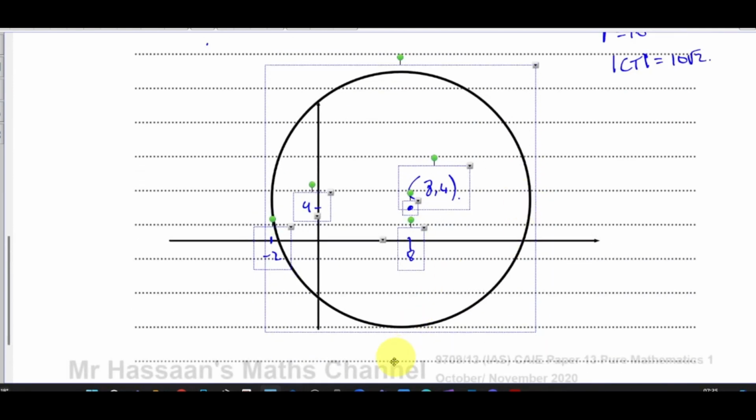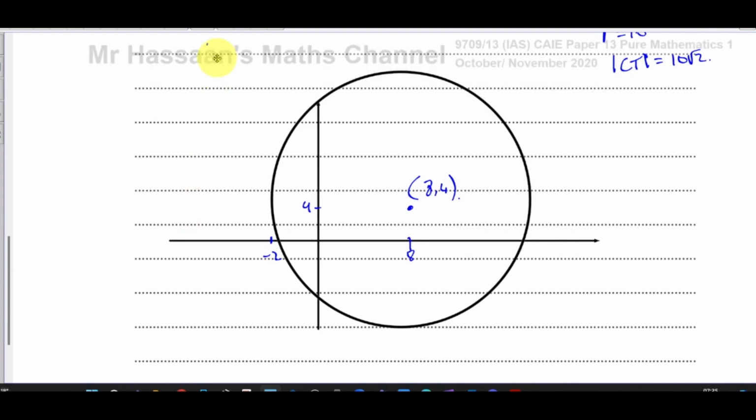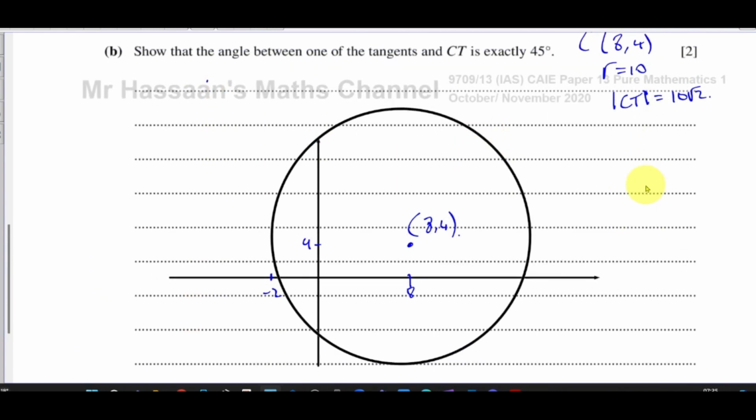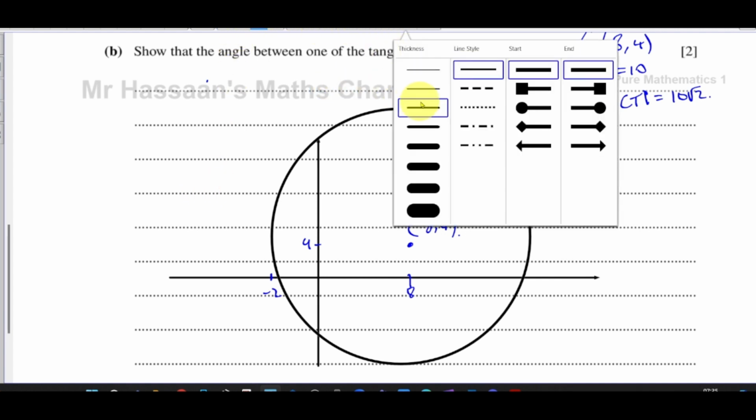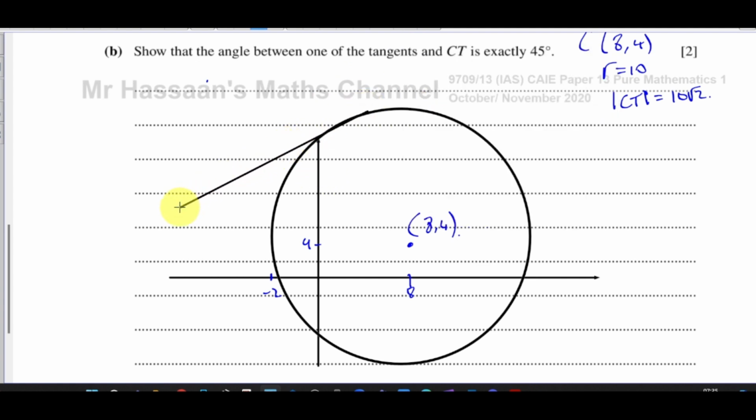Now, what we can do is the following. We know that at -6, 6, which is somewhere around here, there's a tangent to the circle. So I'm going to draw the tangent first so that it makes it a bit clearer. So I'm going to draw the tangent to the circle. That's going somewhere over here.